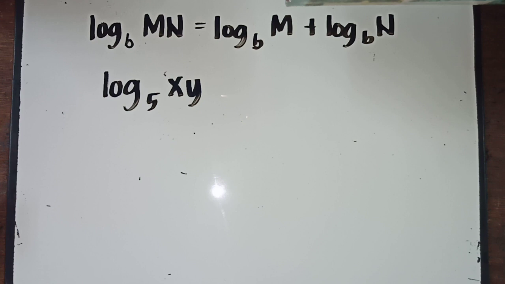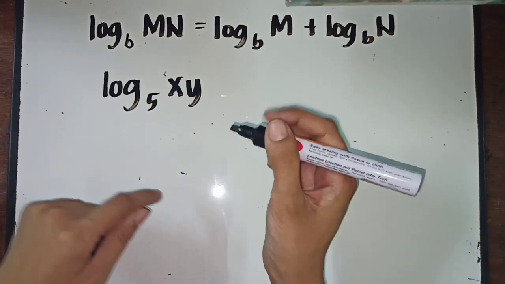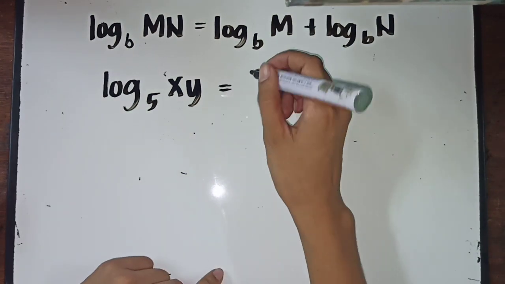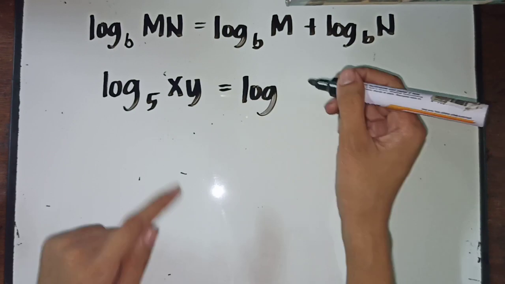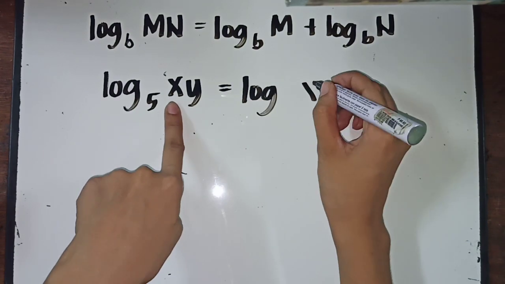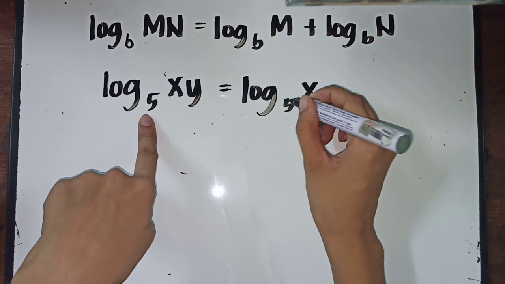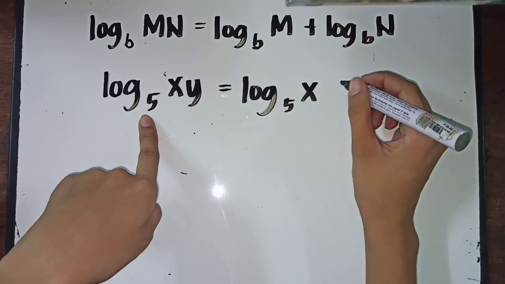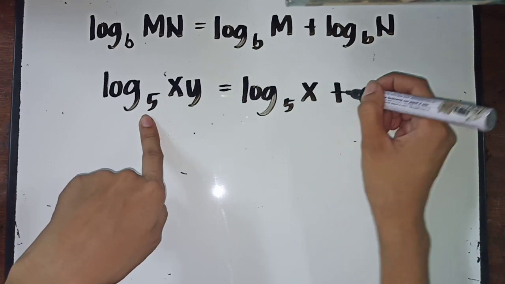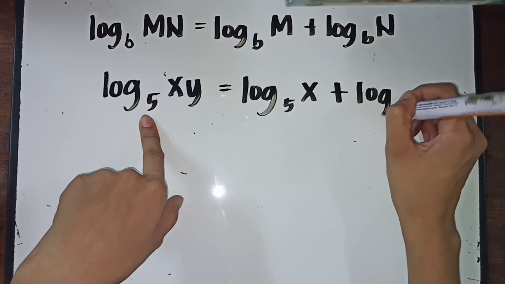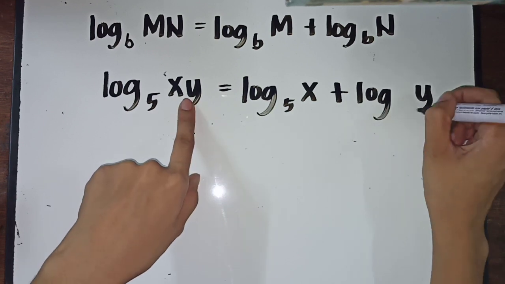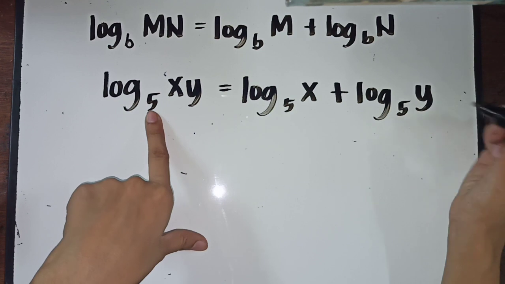So for example, logarithm of xy to the base 5. So if we're going to express this as the sum of the logarithmic expressions, so that is equal to the logarithm of, paghiwalayin lang po natin, so x to the base 5, again, as the sum, so plus the logarithm of y to the base 5.